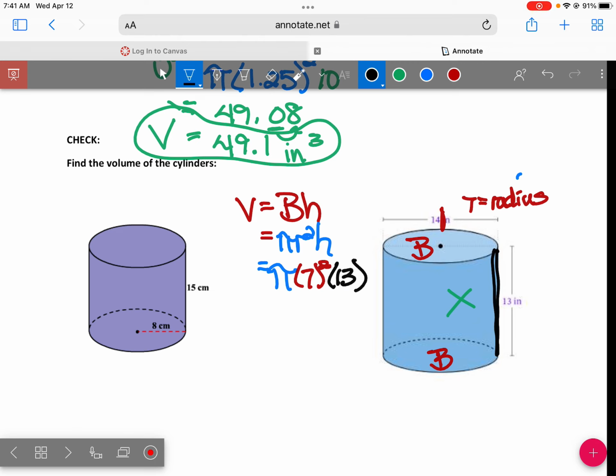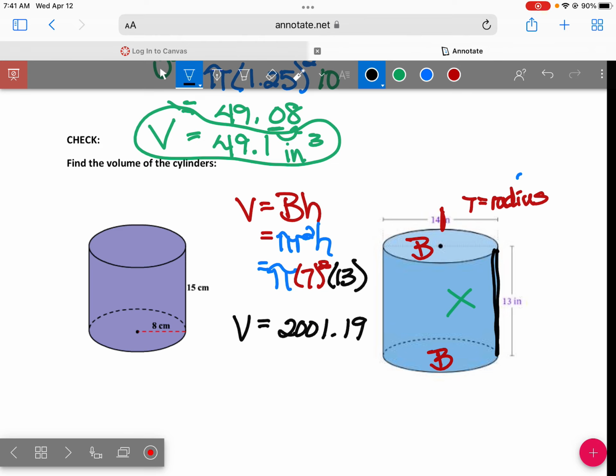So grab your handy dandy calculators. Pi times 7 squared times 13. Who's got an answer for me? So my volume is 2001.19.